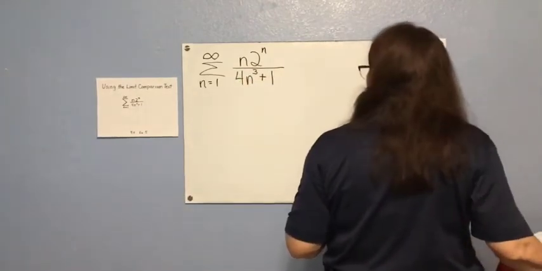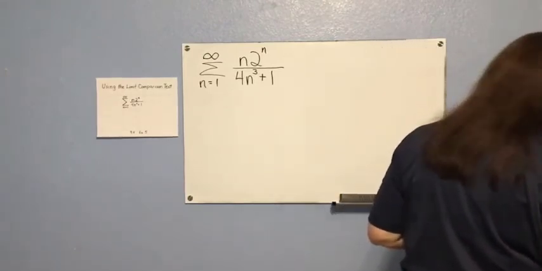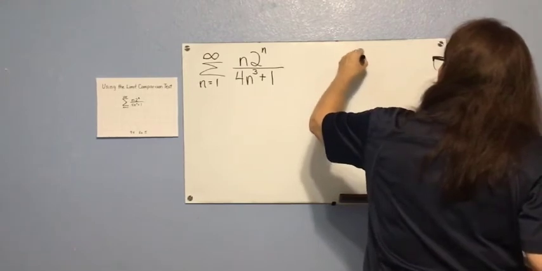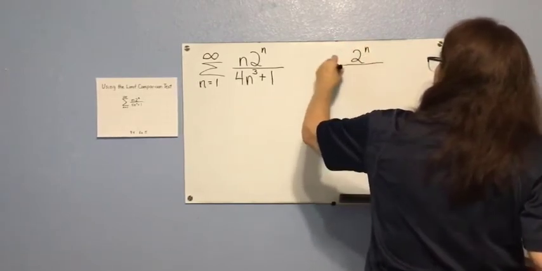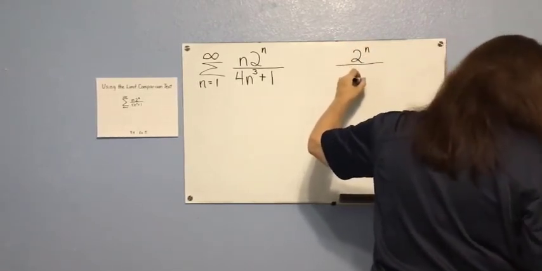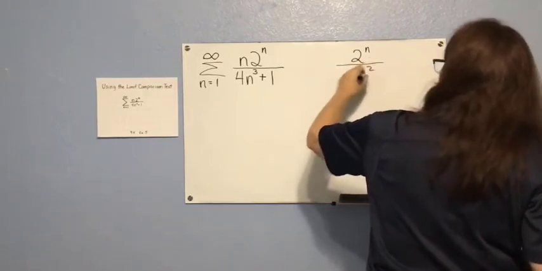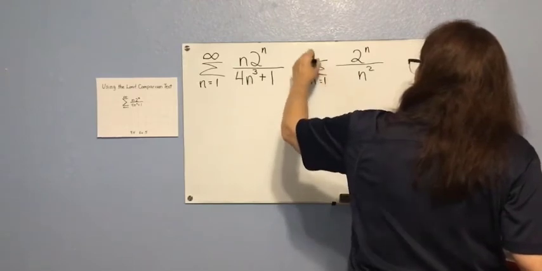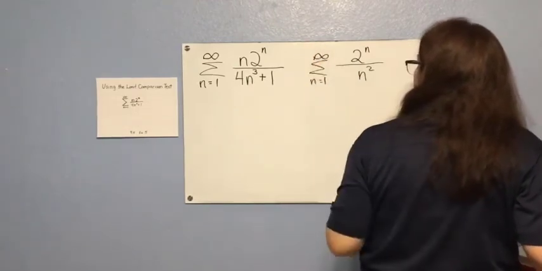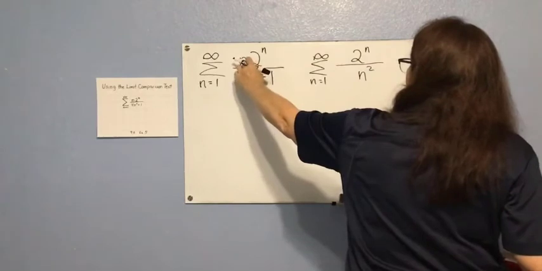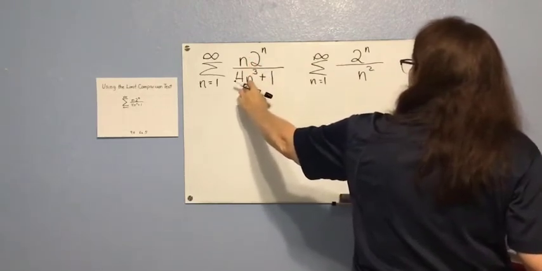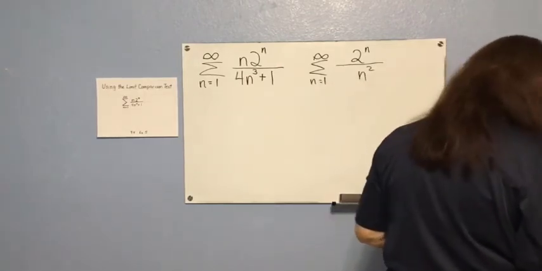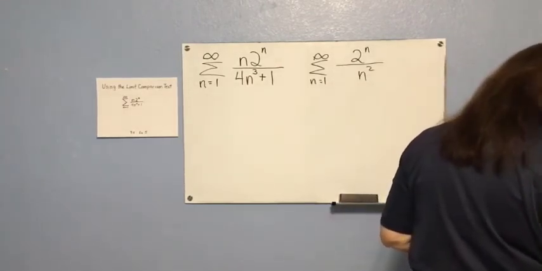Okay, so a reasonable comparison might be 2 to the n over n squared. So what we did, we divided out an n here, and we took the 4 out and divided out an n here, and dropped the 1.